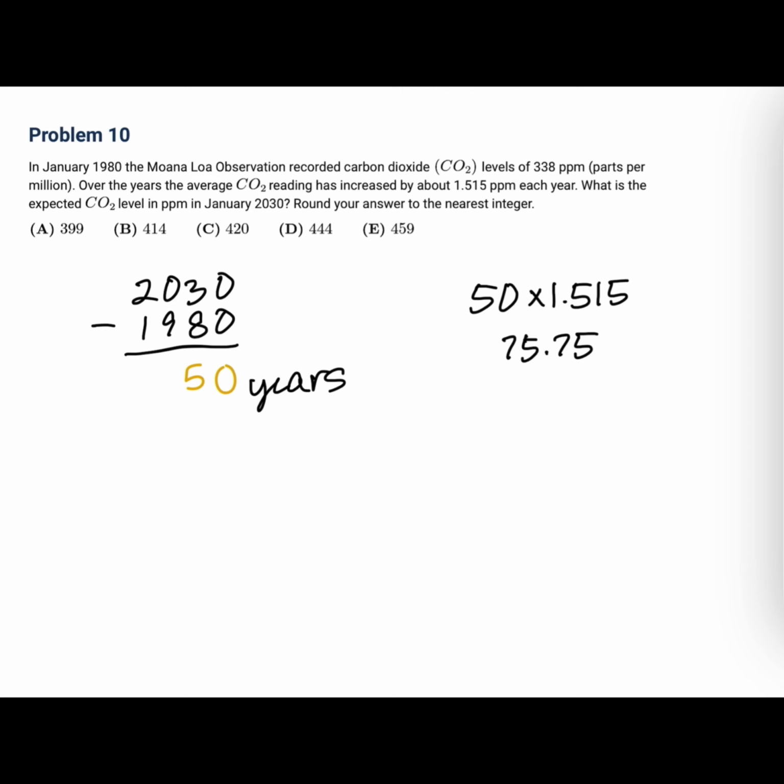Adding this to 338, we get that the ppm of CO2 in the year of 2030 is going to be 413.75. Rounding this to the nearest integer, we get that our answer is going to be B, 414.